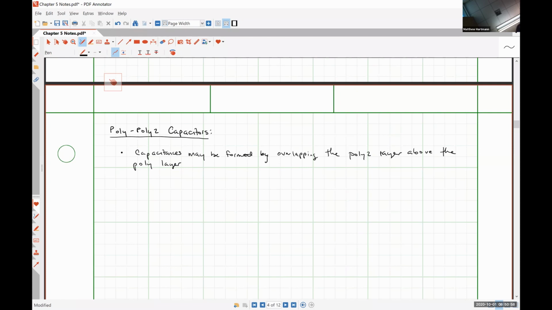And the rules for this are on page 31 of the SCMOS.